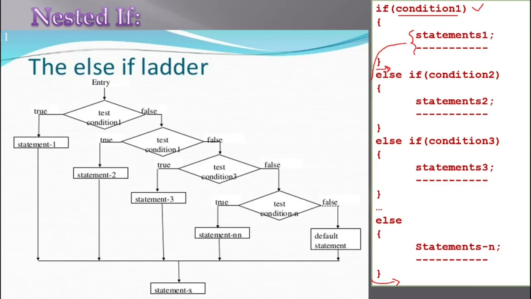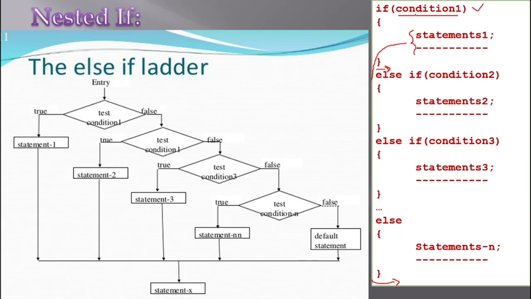There is no logic or sense in writing statements here. That's completely meaningless. So don't write anything between if and else. You write either in the if block, the else block, or the else if block. That's quite valid, but don't write in between. That is one more thing we have to remember all the time.